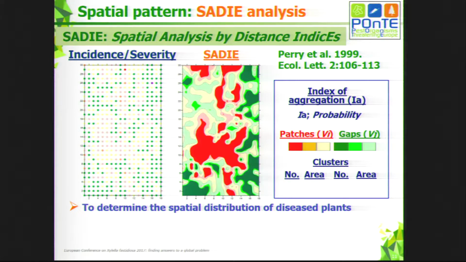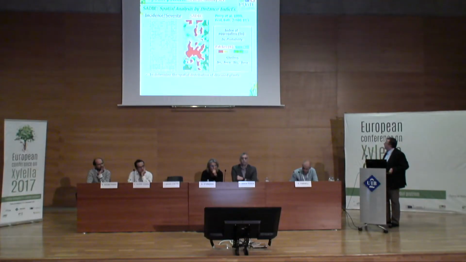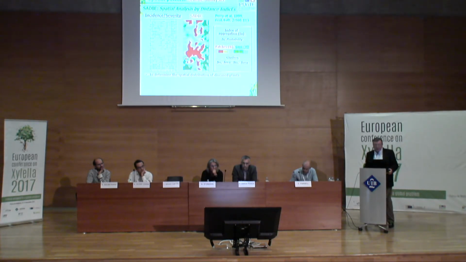The best thing is that you can calculate an index of aggregation that gives you this initial objective to classify your plot into random or aggregated distribution, but also you can quantify the number of clusters and the area occupied by each type of cluster, with different probabilities. That is the meaning of the different colors.